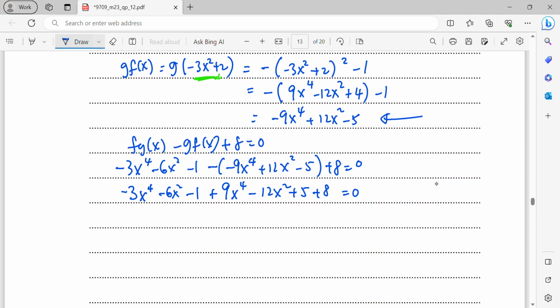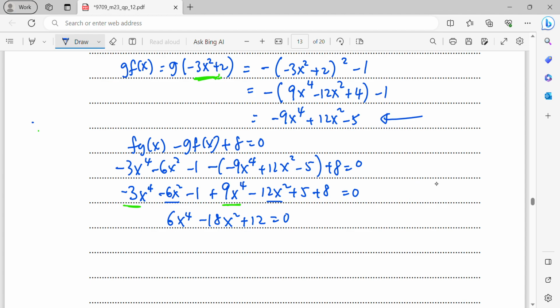Okay, so now simplify the terms with the x degree 4. So 9x degree 4 minus 3x degree 4, you'll be getting 6x degree 4. Then the one with the squared, negative 6x squared minus 12x squared, it will be negative 18x squared. Now 5 plus 8 is basically 13. 13 minus 1, you get plus 12 equals to 0.